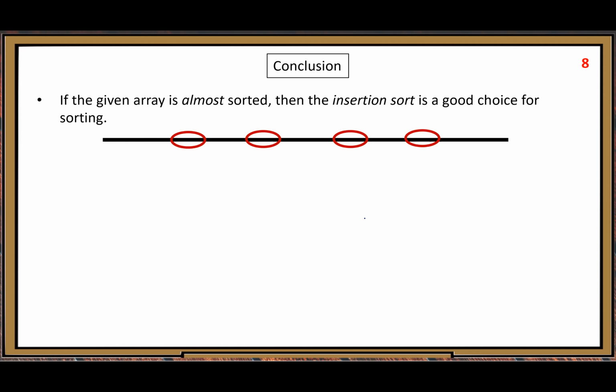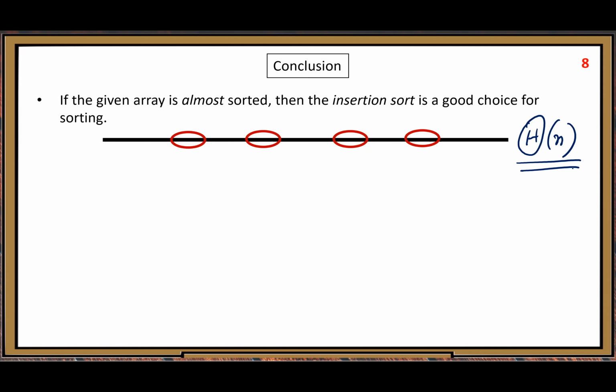In that case, insertion sort is the best, because you can take advantage of that excellent best case efficiency, big theta of n. If you apply insertion sort, you will get this kind of efficiency.